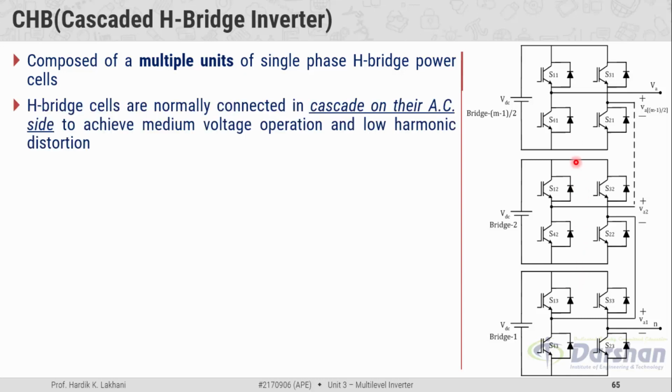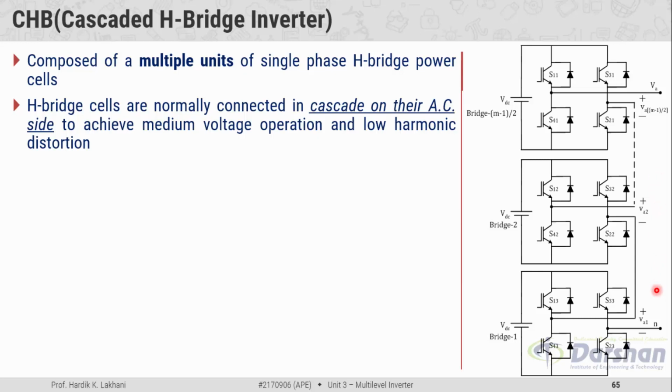H-bridge cells are normally connected in cascade, which is the series manner, on their AC side, right? So this one is bridge number 1, which means H-bridge unit number 1, then H-bridge unit number 2, 3, 4, and so on. This side is the input DC side, and this side is the output AC side.